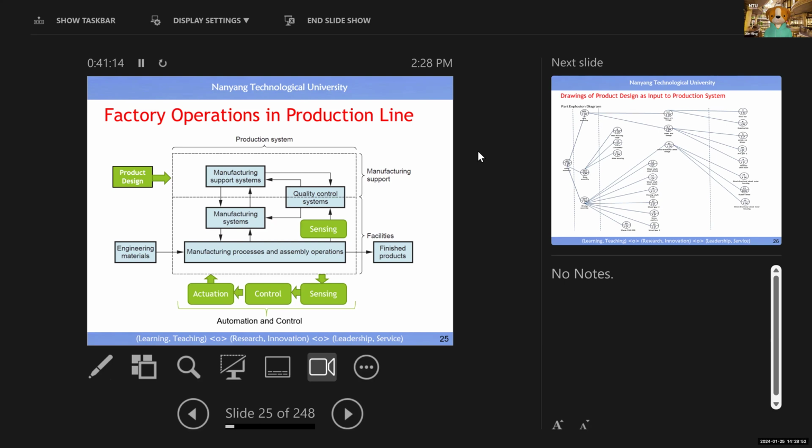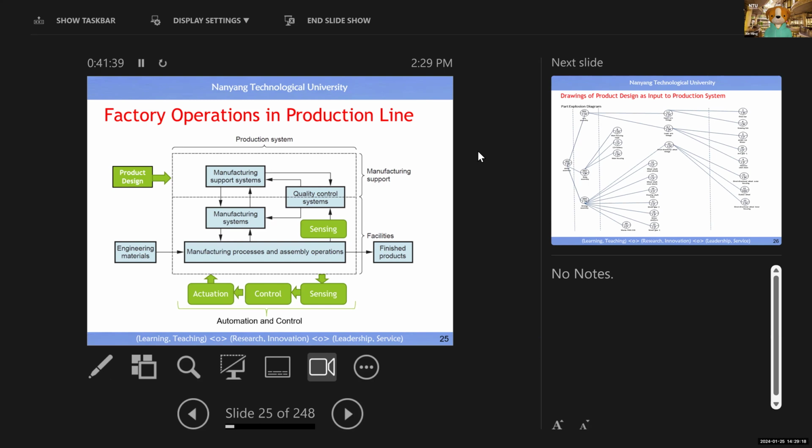So then you see the production system just transforms input material according to the requirement from the drawing all the way to finished product. Finished product may not be the product for consumer market, right? It could be the component device for other companies, right? So always think in terms of a supply chain, right?